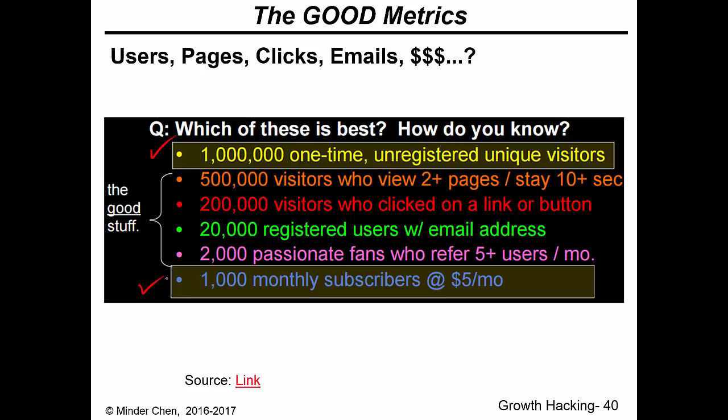Those are the critical numbers, but don't forget about the good stuff in the middle, which shows how you move acquired users to different stages, eventually to generate revenue and create referrals. So those metrics are as good as the customer acquisition metrics or the revenue generation metrics.